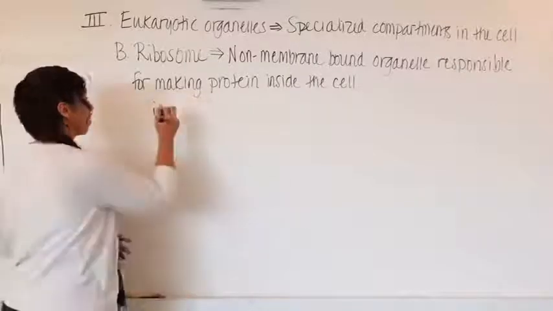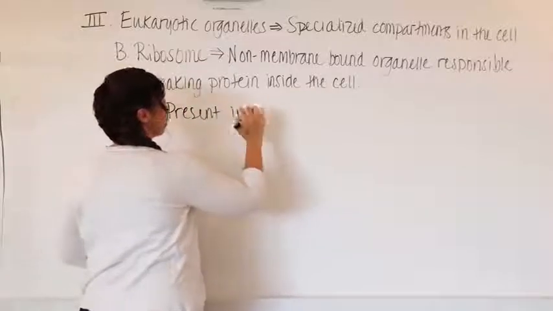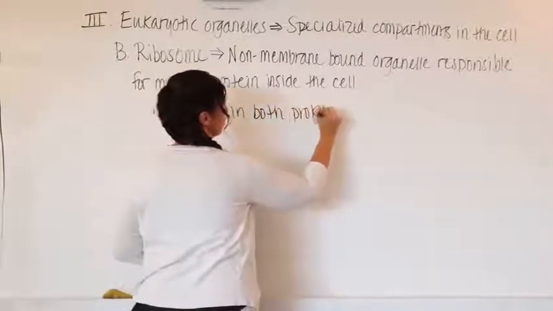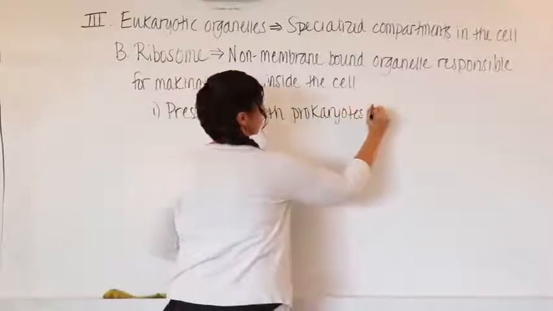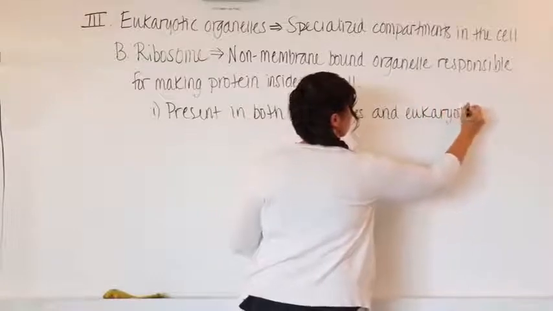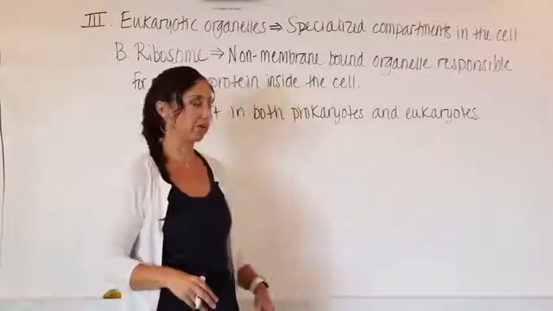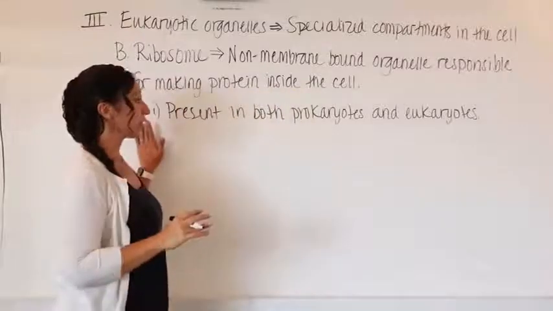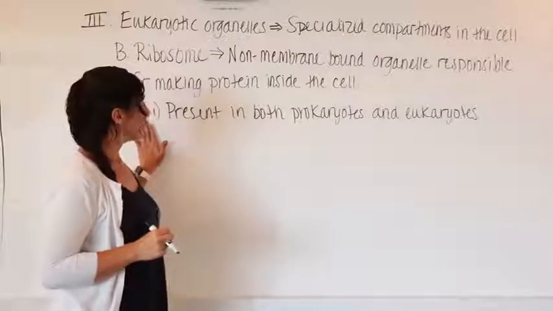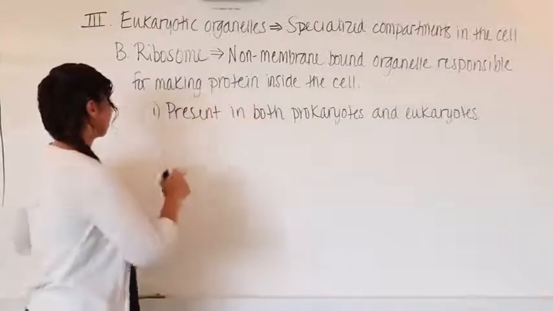So this is present in both prokaryotes and eukaryotes. They're just really small in prokaryotes and a little bit larger in eukaryotes. This is the only organelle that you will find in both types of cells. So present in both prokaryotes and eukaryotes, responsible for making protein in the cell.